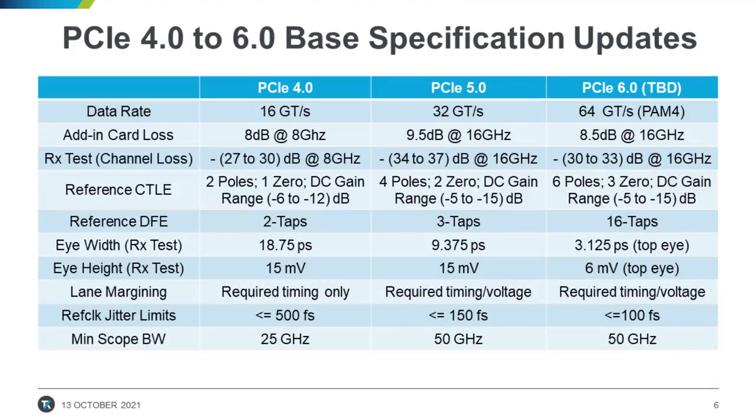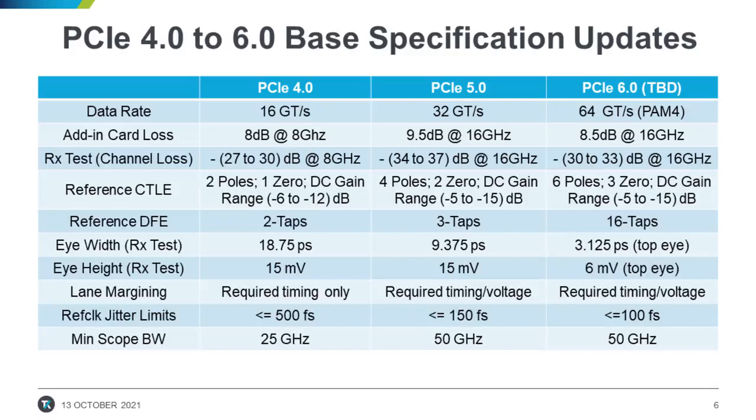Seeing an overall tightening of the ref clock jitter limits. This is one of the ways we've been able to achieve these line rates that we're at. So we've gone from ref clocks that had to have jitter after filtering has been applied below 500 femtoseconds, then to 150, and then under 100 femtoseconds.